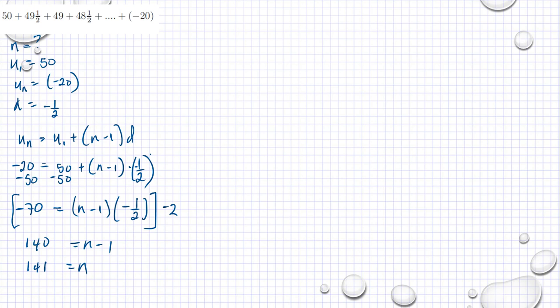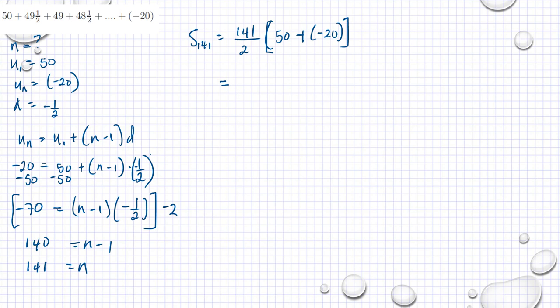Now we're ready. S of 141 is equal to 141 divided by 2 multiplied by u sub 1, 50, plus negative 20 u sub n.